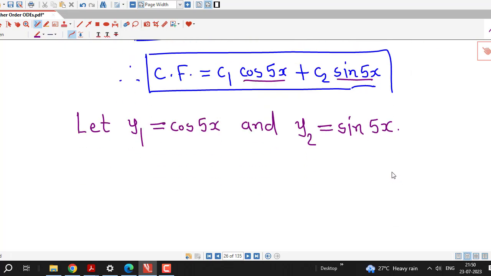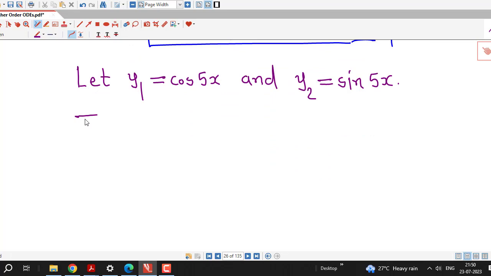In the next step we will require the Wronskian of these two functions.